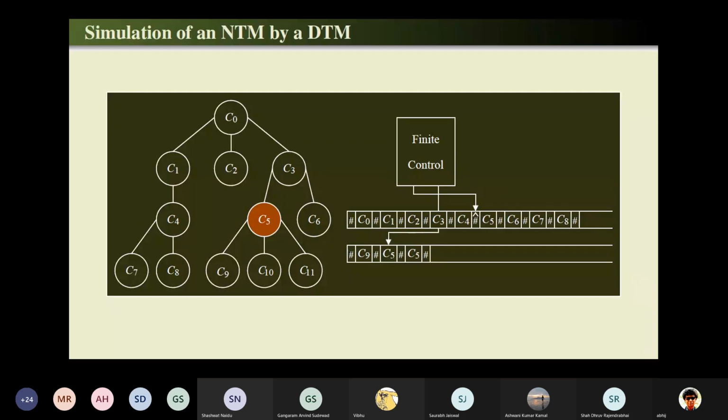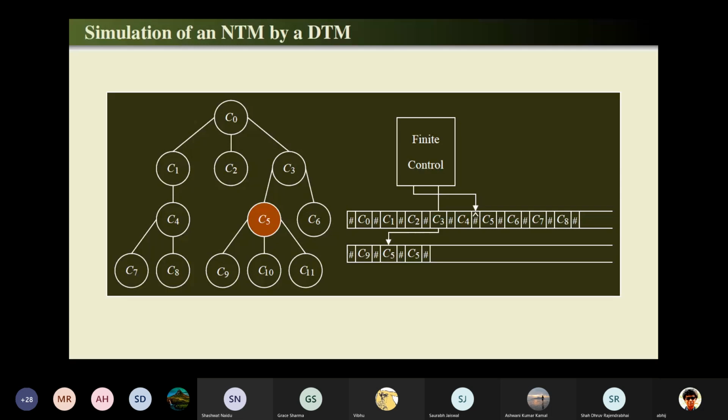But an accepting configuration will definitely occur somewhere at a finite depth in the tree. If I do this BFS, the DTM will eventually go to that level and detect that this is an accept configuration, and it will say yes. It will go to its own accept state and accept.